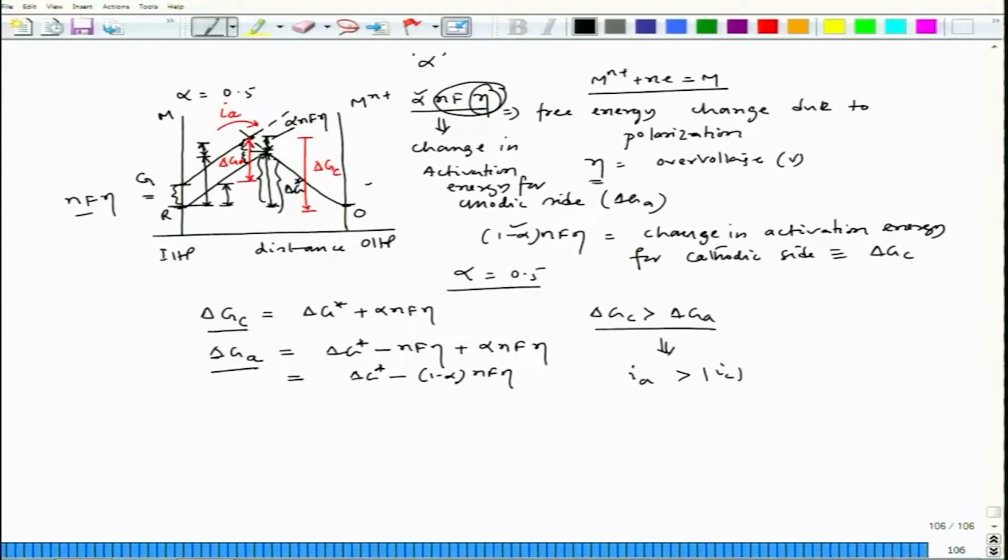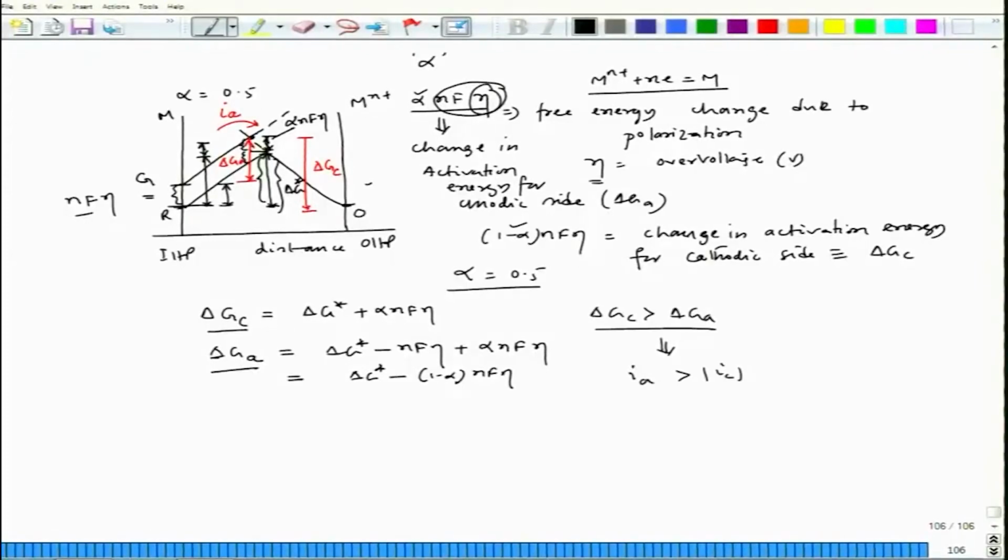Now, this is the situation when alpha is equal to 0.5. So, that means the contribution of this over voltage, and finally the contribution of free energy change towards activation energy of cathodic side and anodic side, both are equal.